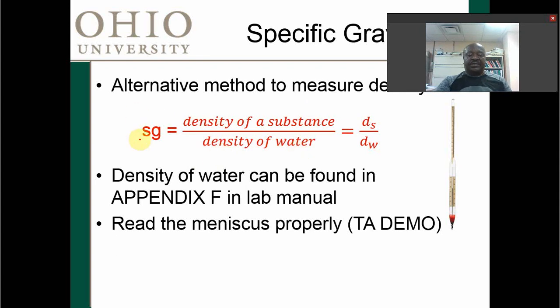So, if I can get this number by some measurement instrument, the hydrometer, and if I can look up the density of water or determine it, then I can determine the density of the substance. Well, if we measure the temperature, Appendix F will tell us what the density of water is at that particular temperature. So in our case then, this item here will be easily known from Appendix F.